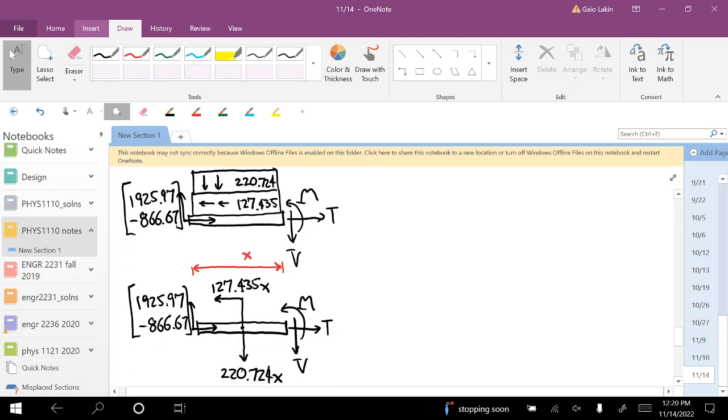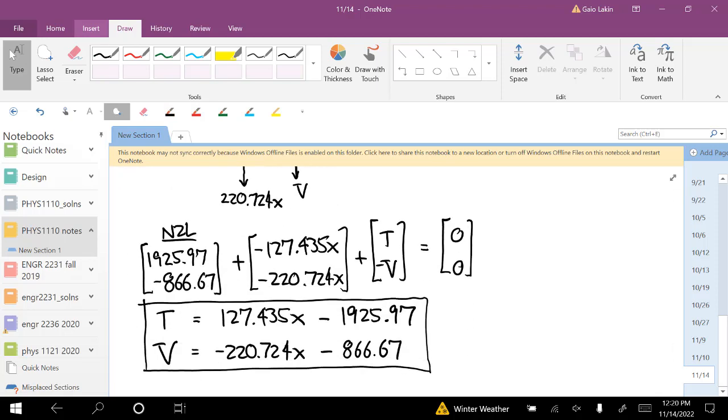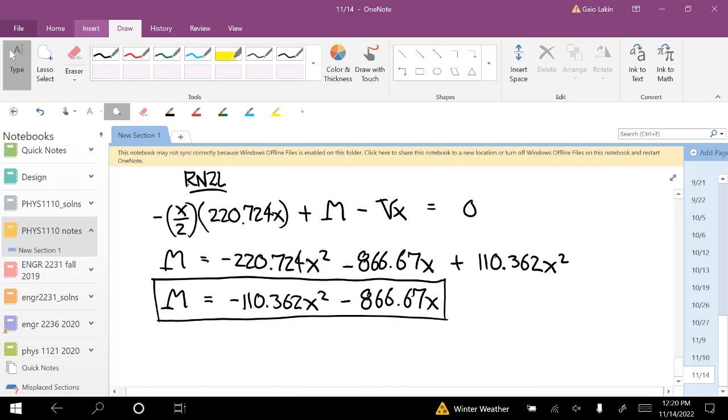And then M should be 0 at the left endpoint, and V and T should be non-zero at the left endpoint. And you can see all that is true, so that's good. Any questions about that first cut?